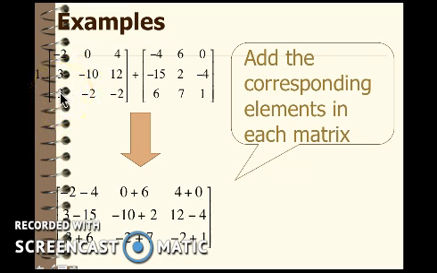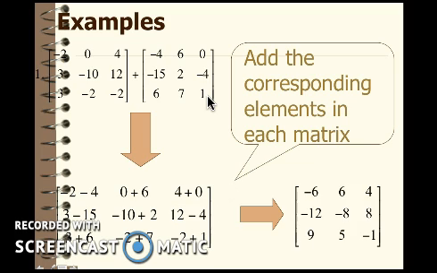And in our third row, we go 3 plus 6, negative 2 plus 7, negative 2 plus 1. From there, all we have to do is go through and calculate each of these. So negative 2 take 4 is negative 6, 0 plus 6 is 6, 4 plus 0 is 4, and so on. And that gives us the yield, or the sum, of our two matrices.